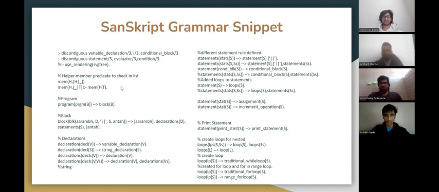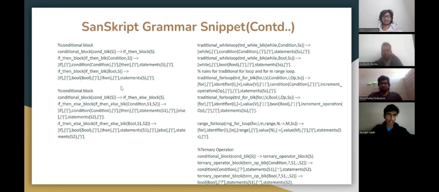Now, coming specifically to the loops, as already mentioned before, we have incorporated the traditional while loop, traditional for loop, and for in range loop. Moving forward, as for the conditional block, we have specifically designed the standard if then block and the if then else block. Another conditional block that has been added to the grammar as a part of the design is the ternary operator.